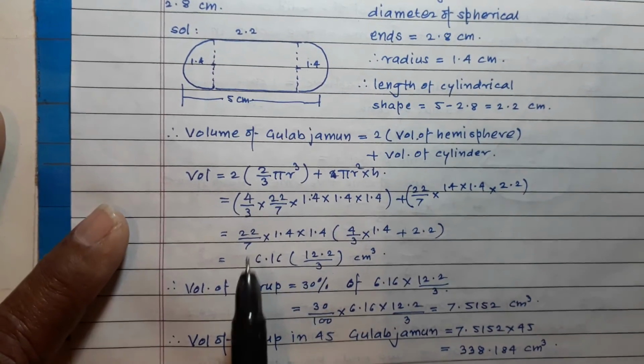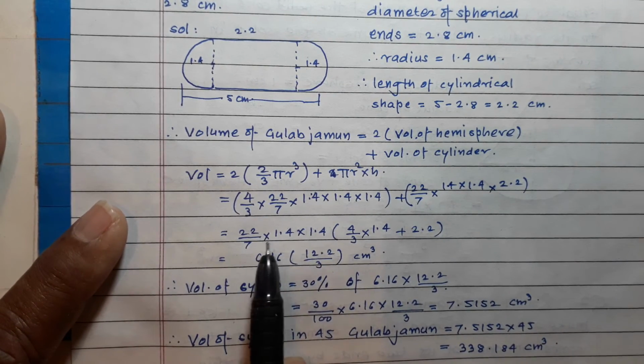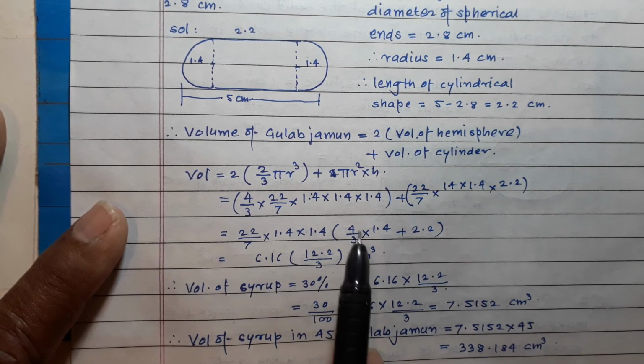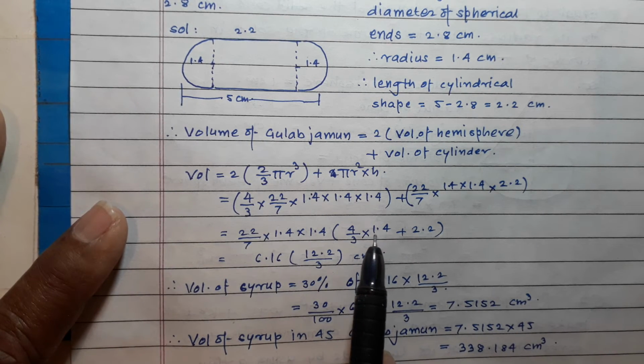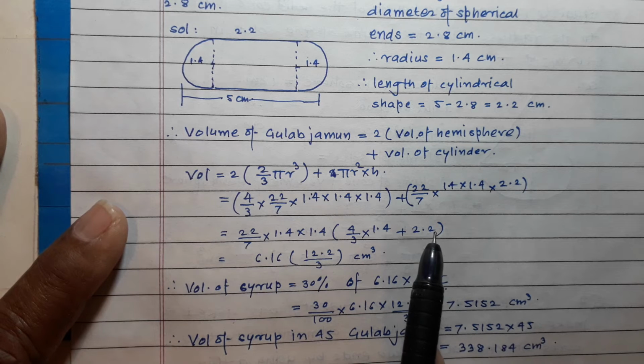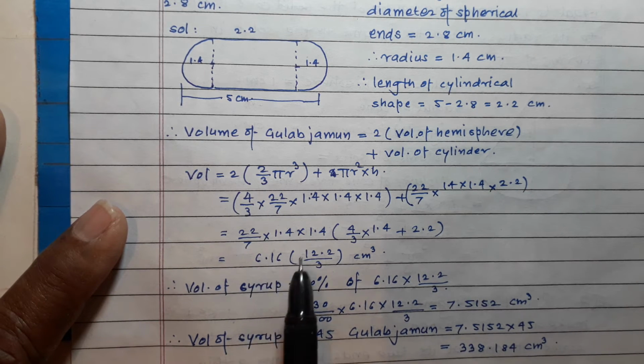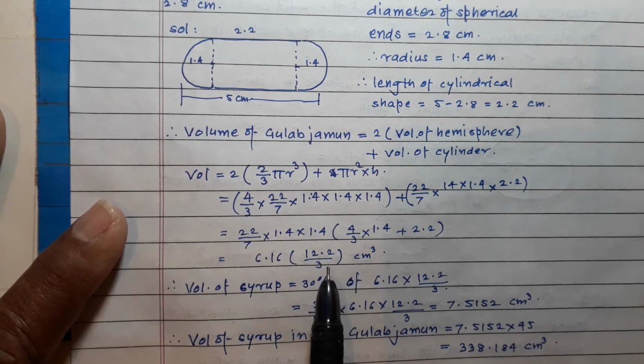If you simplify this, taking 22 upon 7 into 1.4 into 1.4 common, it becomes into bracket 4 upon 3 into 1.4 plus 2.2, which is 6.16 into bracket 12.2 upon 3. This is the volume of the gulab jamun. The volume of syrup is equal to 30% of this, so 30 upon 100 into 6.16 into 12.2 upon 3.